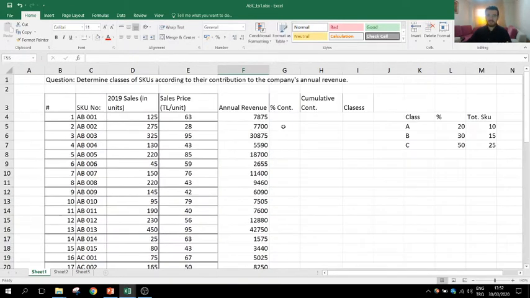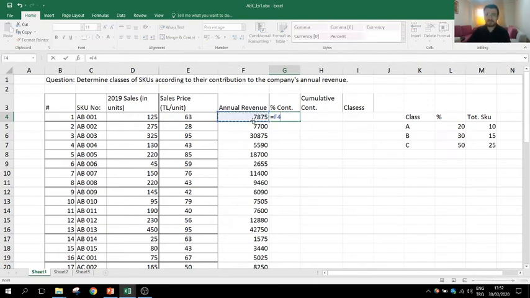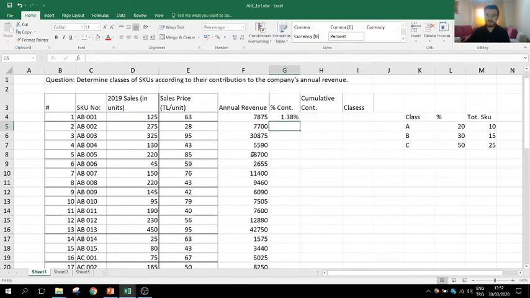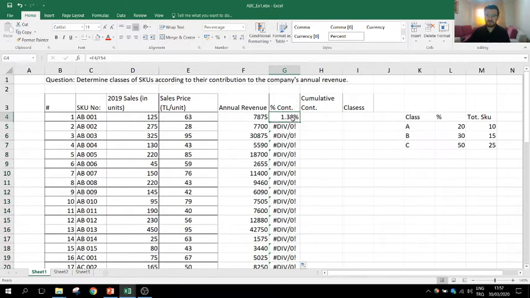Next, I'm going to calculate the percentage of contribution by each SKU, which is their revenue divided by total revenue. So I'm going to do this for all. Hold on, I forgot to fix that value.